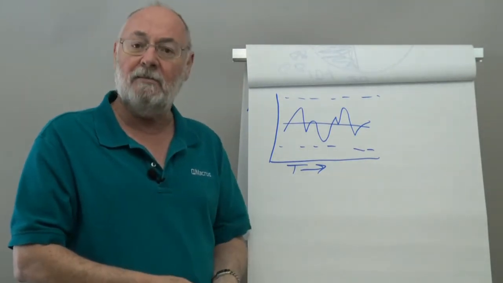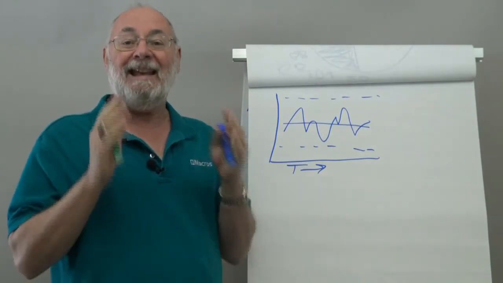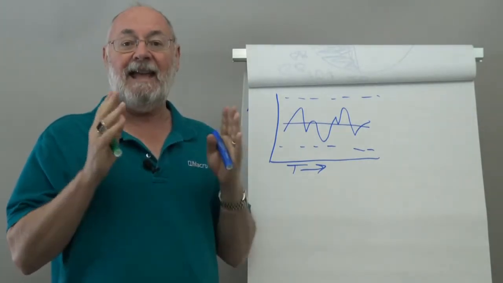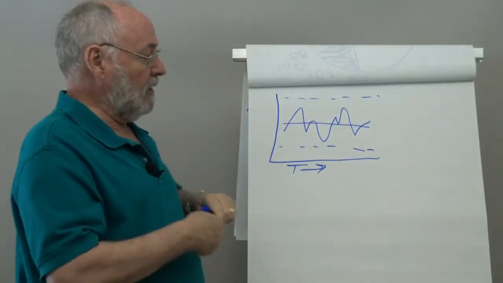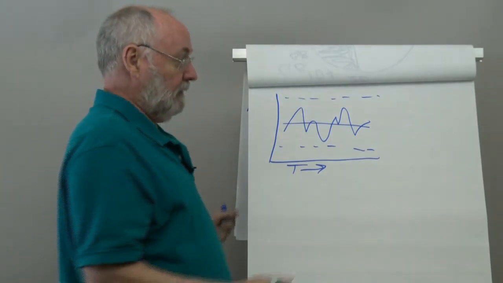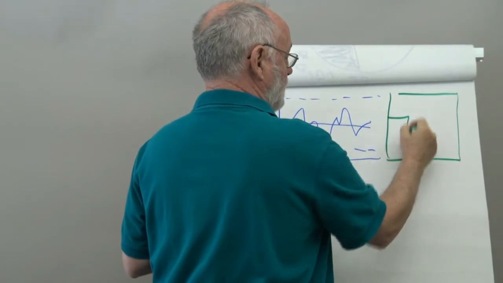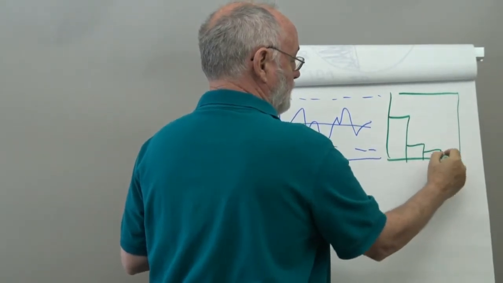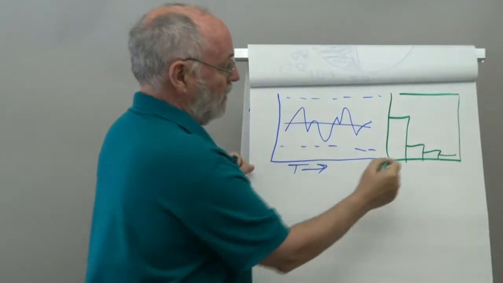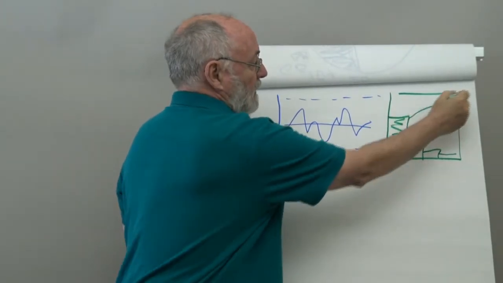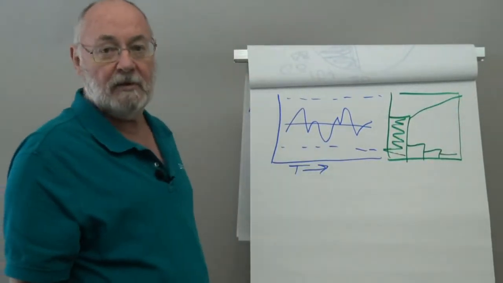What do we use bar charts for? Categories. All right, so I most often use a Pareto chart. And so the big bar of the Pareto chart is something that is causing most of the problems.